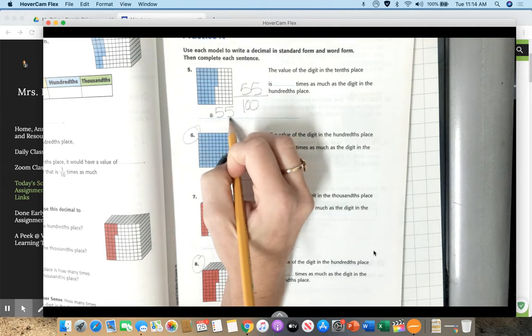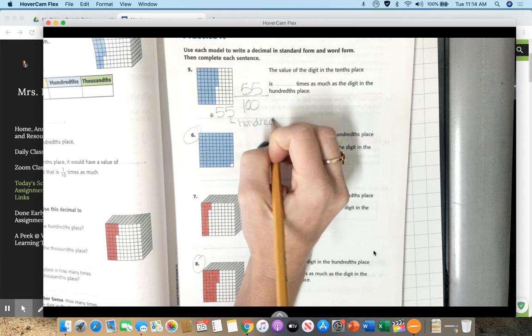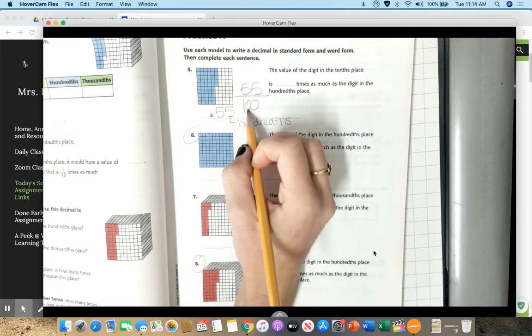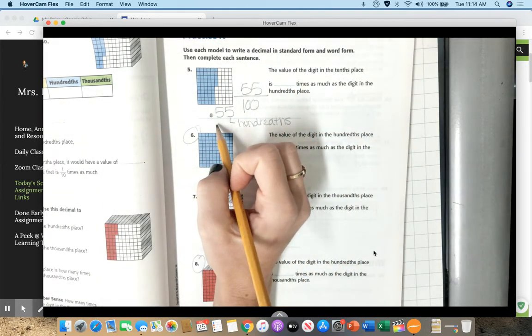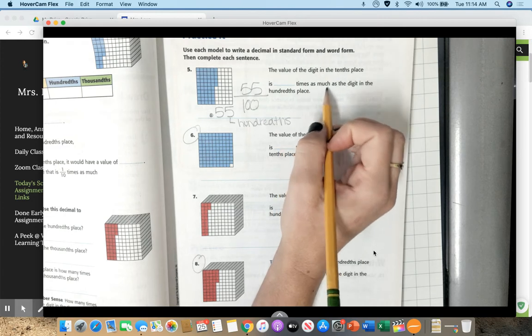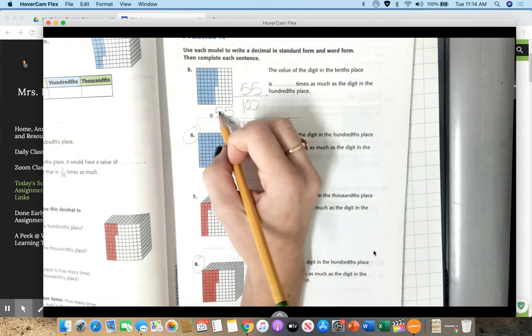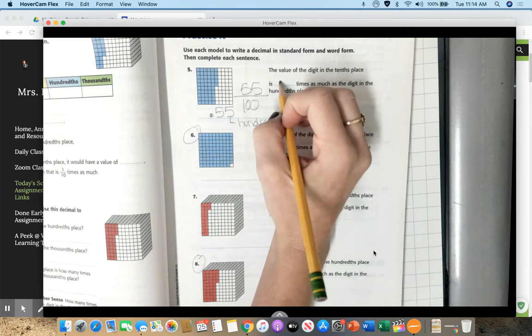Make sure this 5 is sitting in the hundredths place because it's out of 100. 55 hundredths. Okay, now what we're going to do is we're going to compare. Which digit is 10 times bigger than the other digit? This 5 is 10 times bigger than this 5.